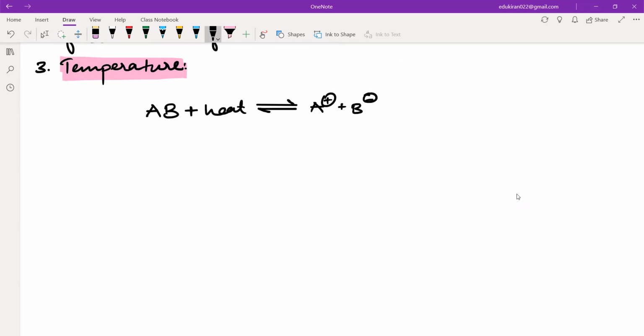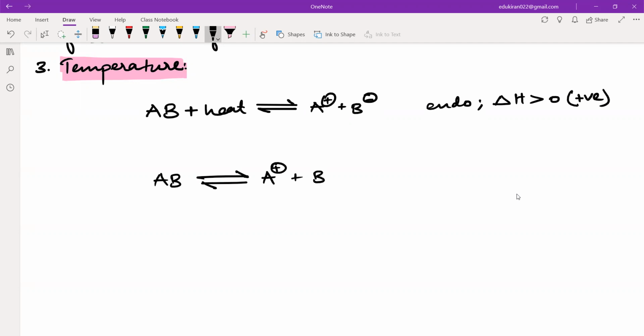So this is the case where the process is endothermic, and the enthalpy of dissolution will be greater than 0, that is, positive. Another case: when you dissolve AB, you get some heat. Heat is liberated by this process, A plus and B negative plus heat. So this is exothermic, and the delta H is going to be less than 0, that is, negative.